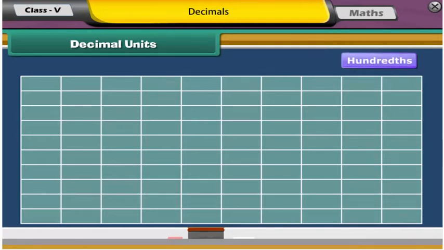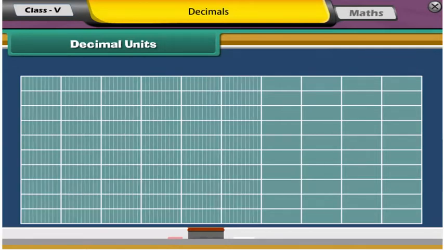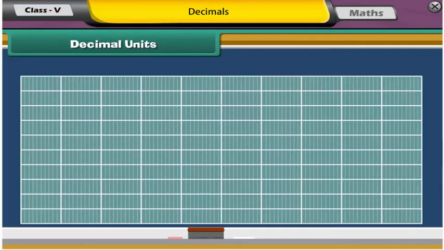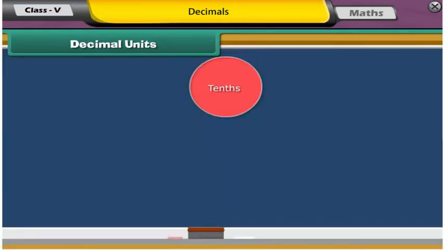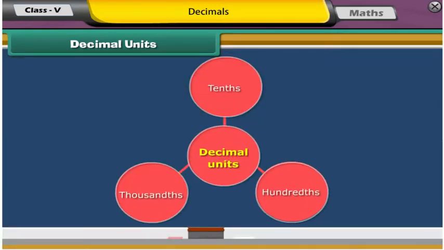Dividing those rectangles into 10 smaller rectangles, we have 10 times 100, or 1000 parts of 1, that is thousandths. So, the fractions tenths, hundredths, thousandths are called decimal units.